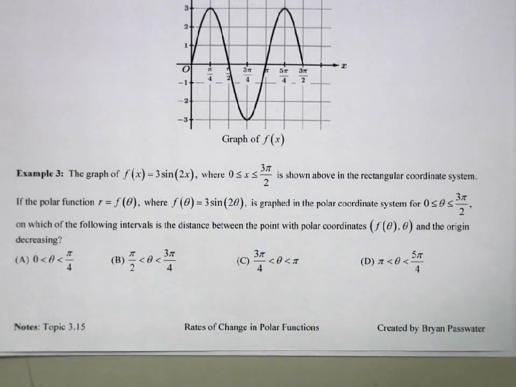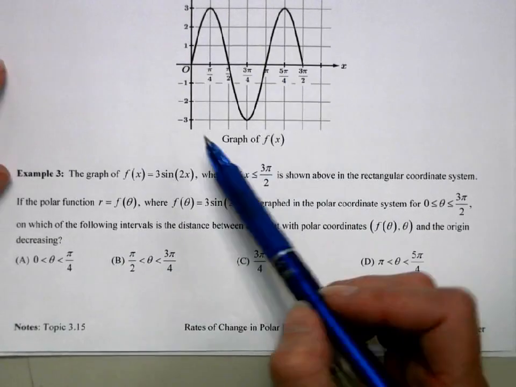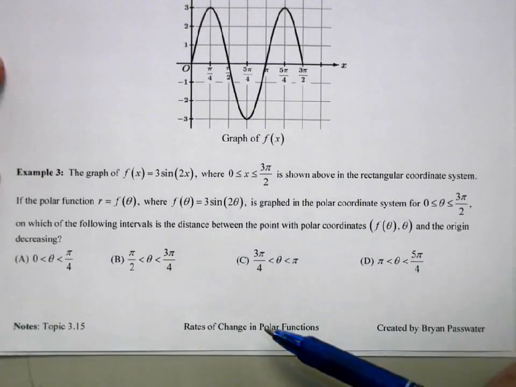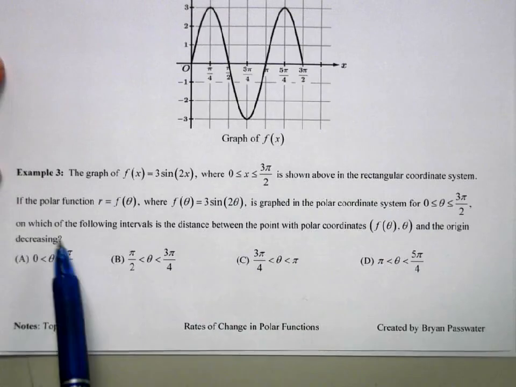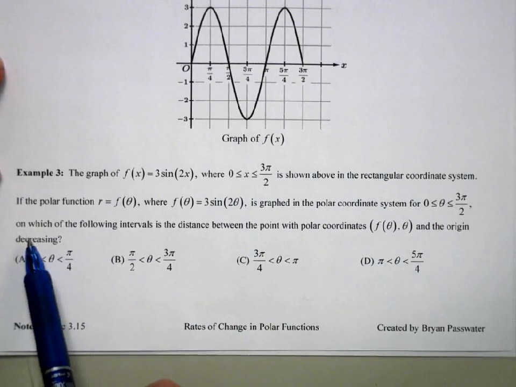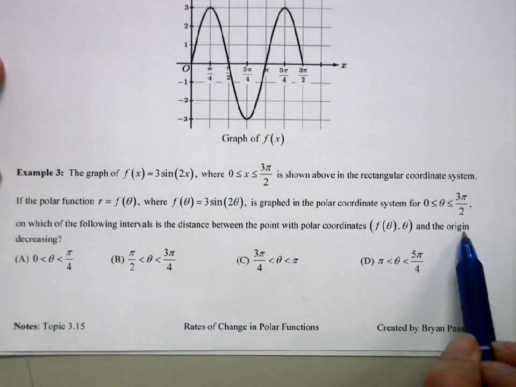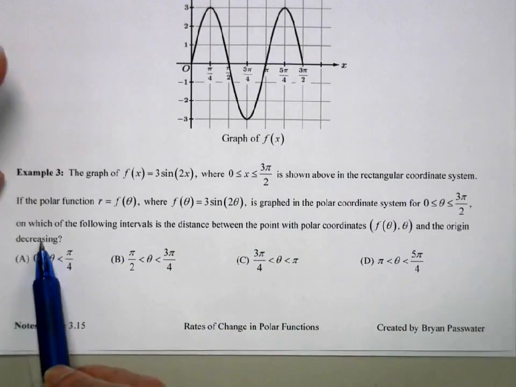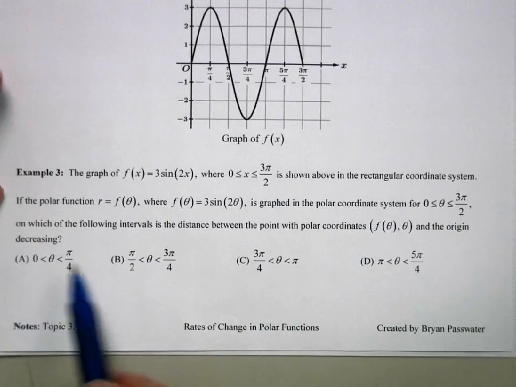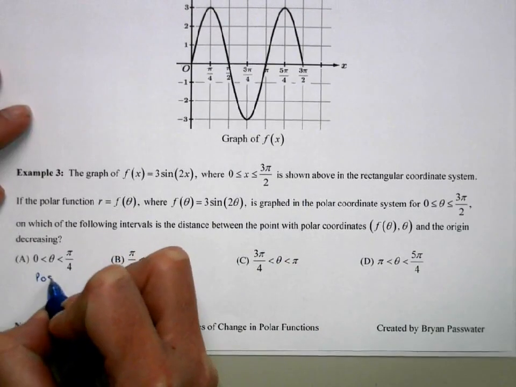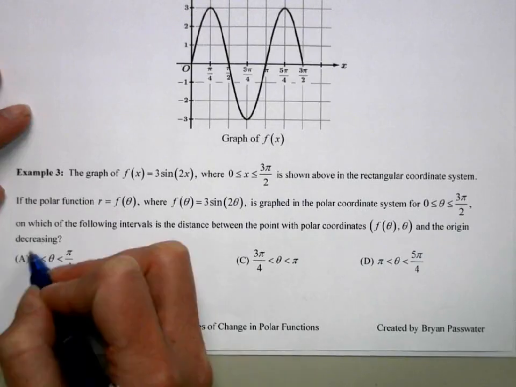Okay, here we have a graph of 3 sine 2x between 0 and 3 pi over 2. We are trying to determine where the polar graph that we don't have in front of us has the distance decreasing. Okay, so I'm going to look at each of these intervals. 0 to pi over 4 is positive and increasing, which means the distance would be increasing.